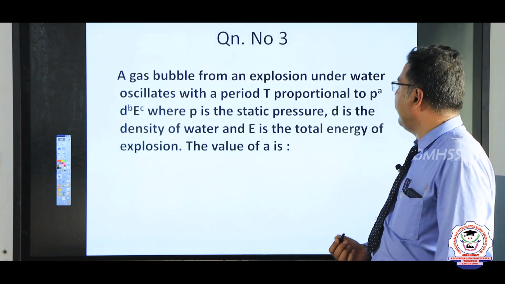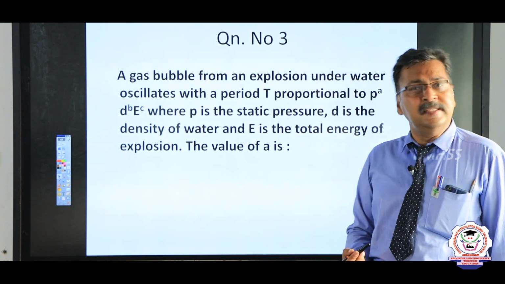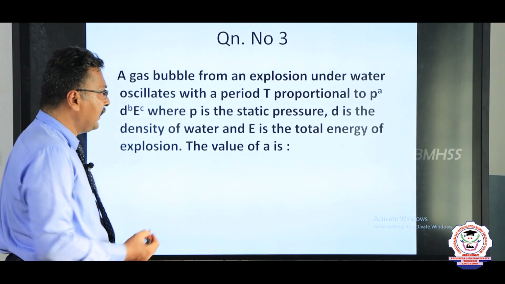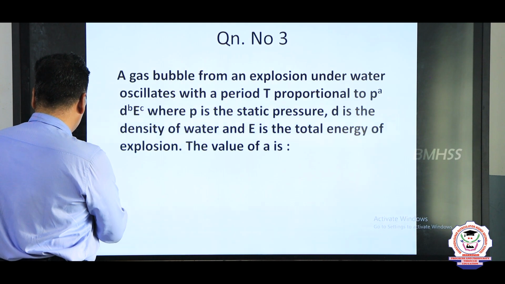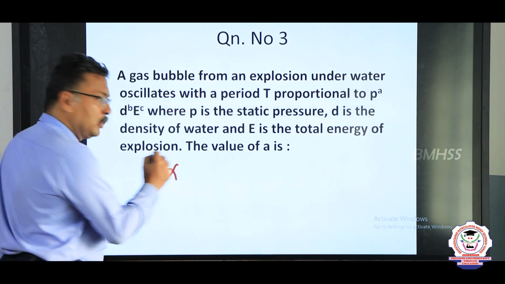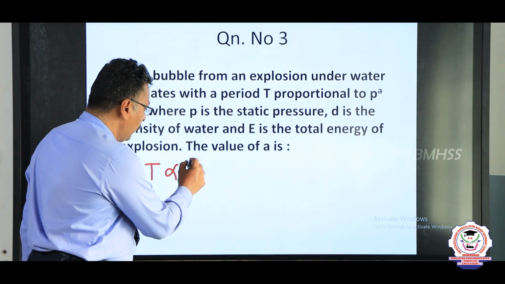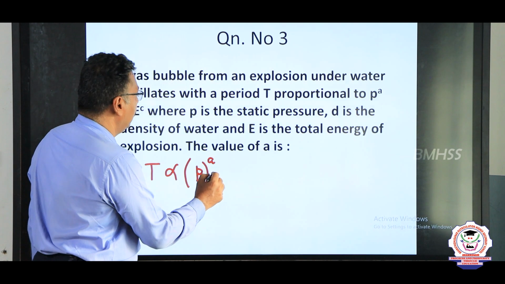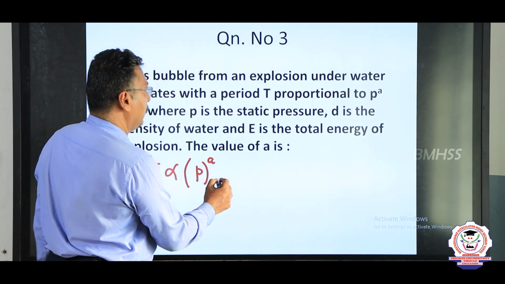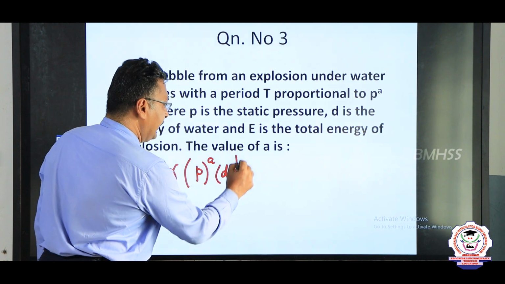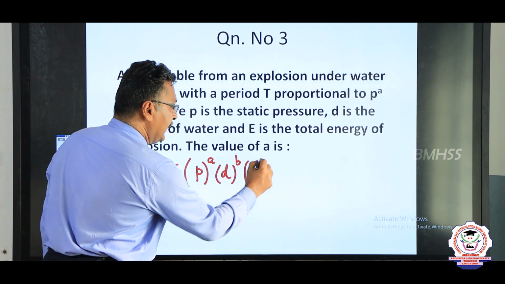We have to find the values of a, b and c. So let us solve the problem first by taking into consideration the value of T. So T is proportional to P raised to the power a, d raised to the power b and E raised to the power c.